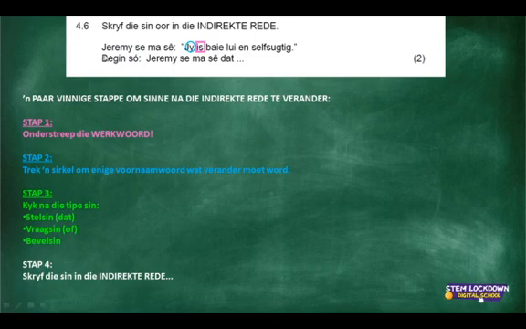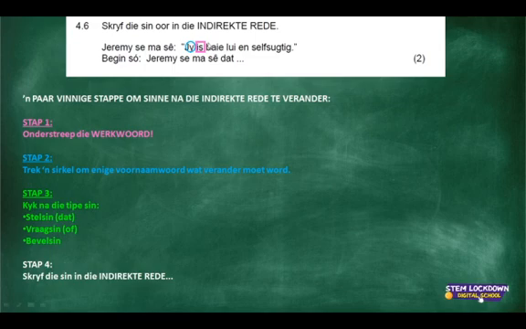Now, if we look at the sentence, it says, Jeremy se ma sê, jy is baie lui en selfsugtig. Now, step 1, stap 1, onderstreep die werkwoord. It is extremely important, whatever you do sentence related, that you are able to identify the verb, because the verb is the thing that usually moves around in a sentence.